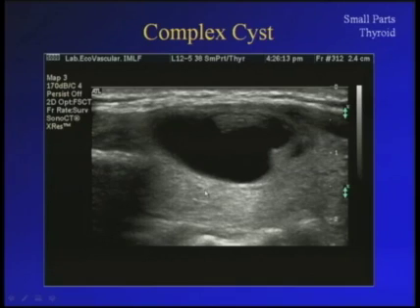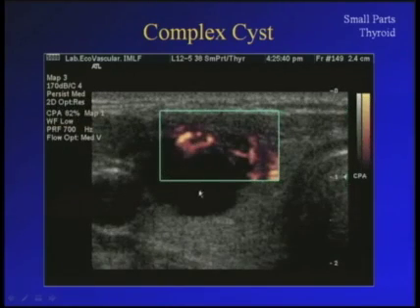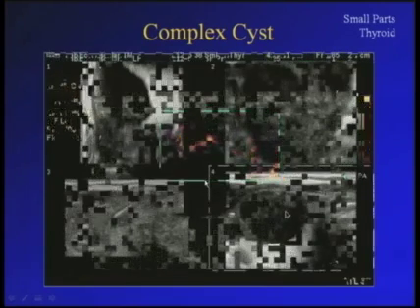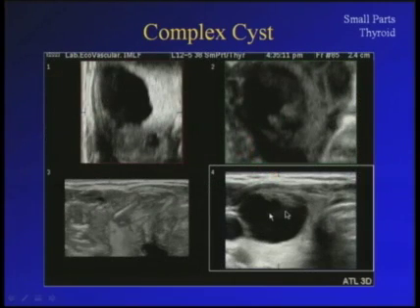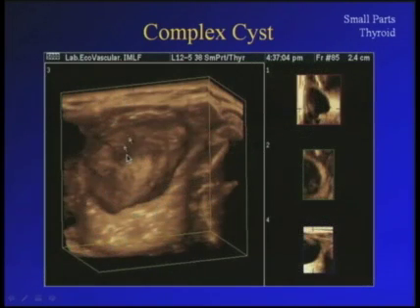A complex cyst in thyroid also, with this solid nodular image inside the cyst, vascularized when power Doppler is used. The three-dimensional, in this case the multiplanar rendering, and then the combination of surface and volumetric mode of the lesion.